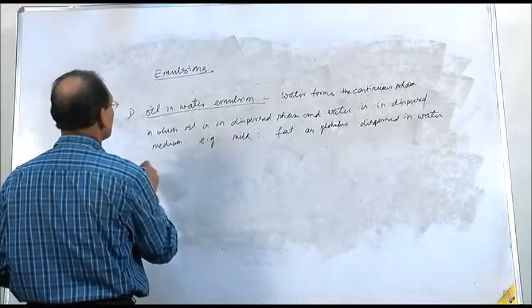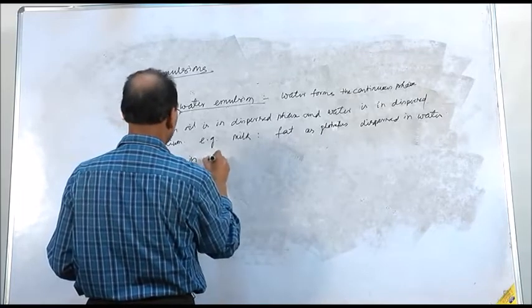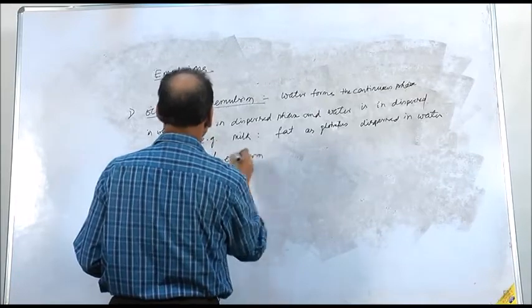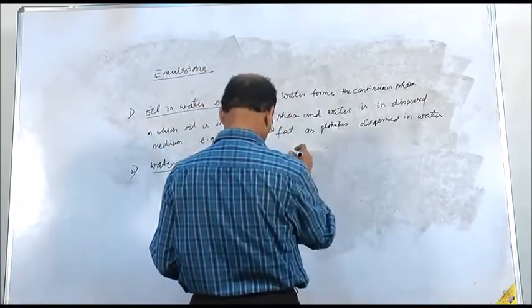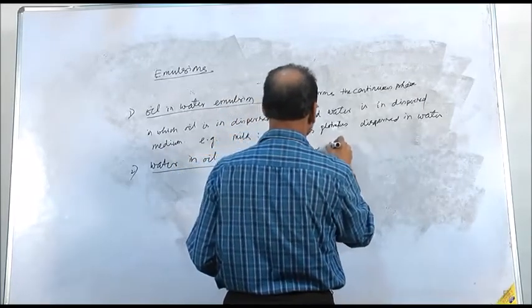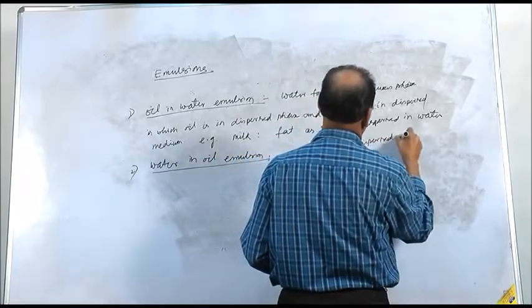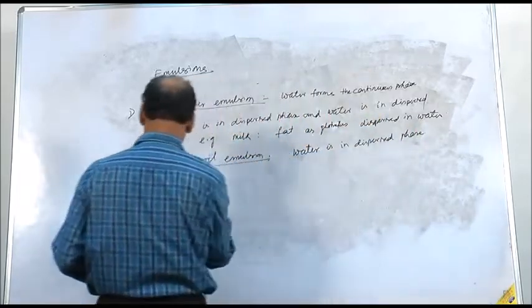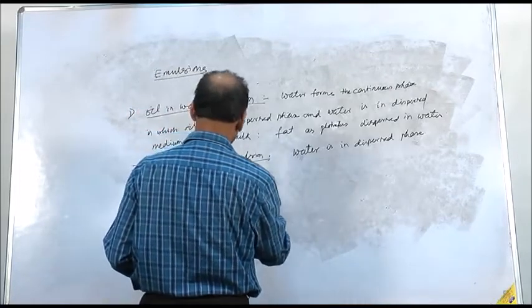Second is water in oil emulsion. Here water is the dispersed phase, and oil is the dispersion medium.